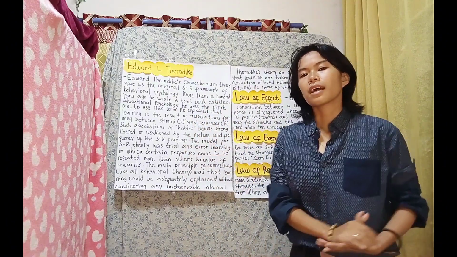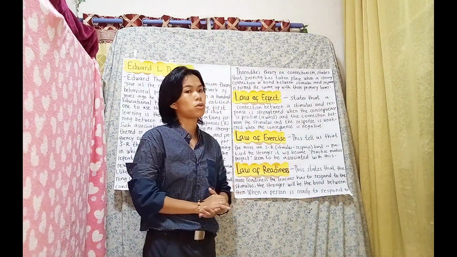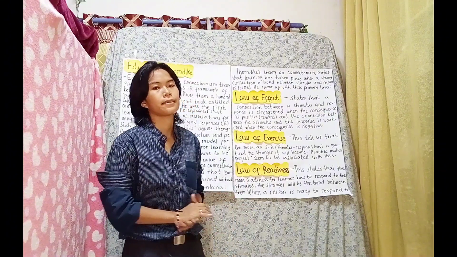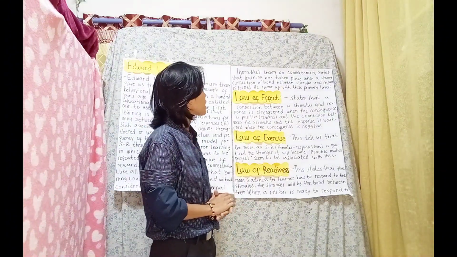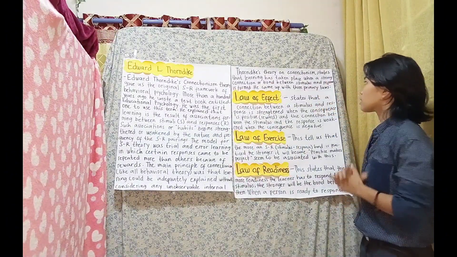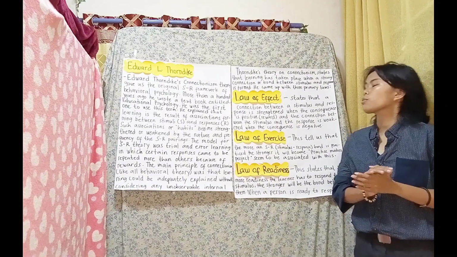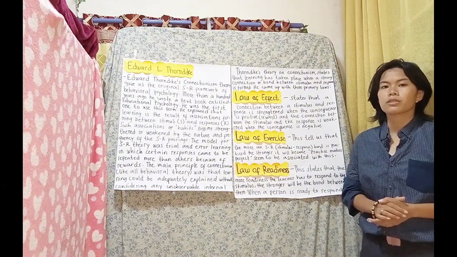So now let's proceed to the three primary laws of Thorndike. Thorndike's theory of connectionism states that learning has taken place when a strong connection or bond between stimulus and response is formed.